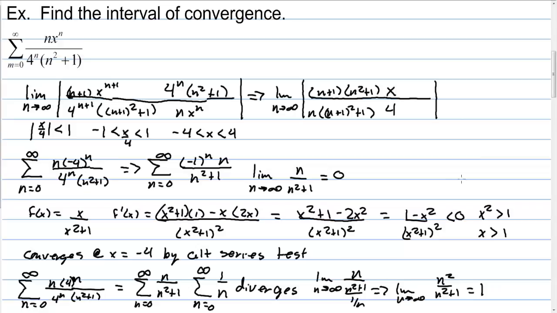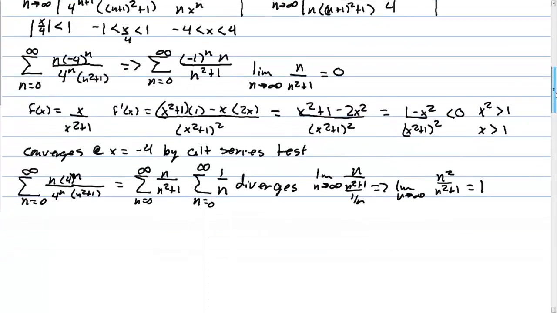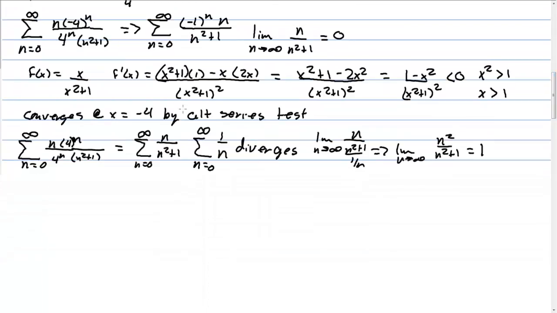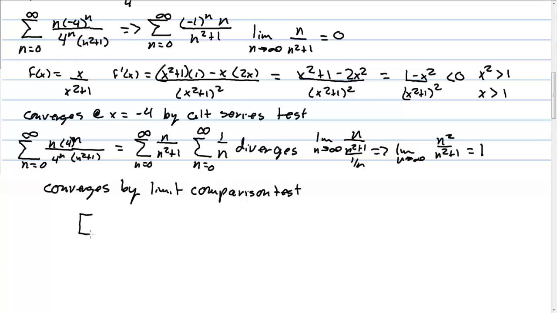And since 1 is finite and positive, the two series behave the same, so at 4 it diverges by the limit comparison test. So the series converges at negative 4 at this endpoint, but does not converge at 4.